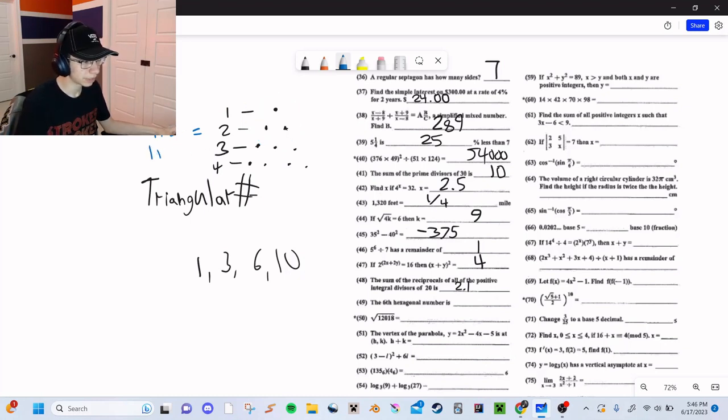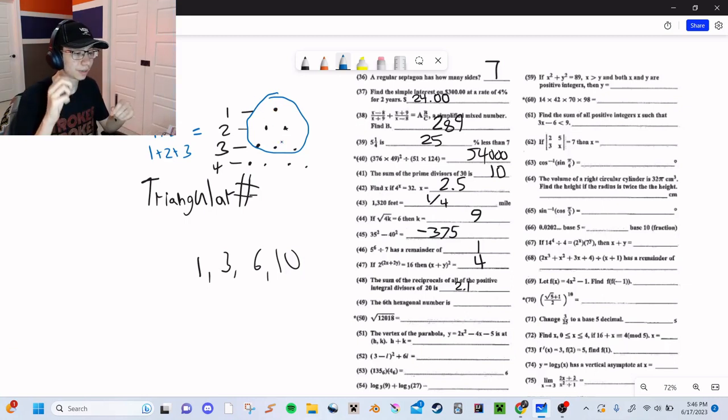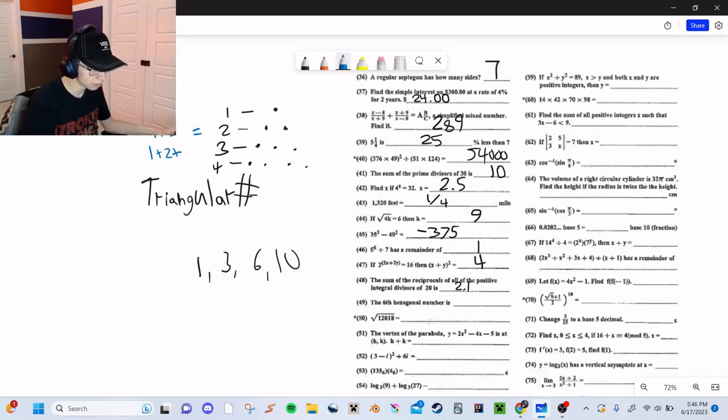The third triangular number tells me what 1 plus 2 plus 3 is. It's 6, right? And the reason it tells me that is because these rows are increasing by 1 each time. So I have 1 dot in the first row, then 2 dots in the second row, and 3 dots in the third row. The fourth one tells me what 1 plus 2 plus 3 plus 4 is. So that's 10.